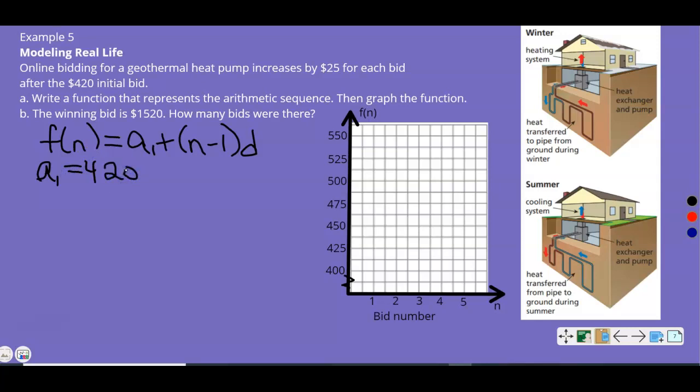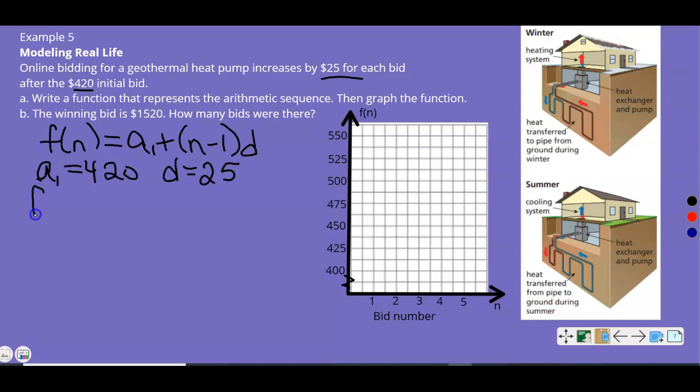We also know that it increases by $25 for each bid, so that would be your common difference, $25. That is the given information, so we can use it to write our function.